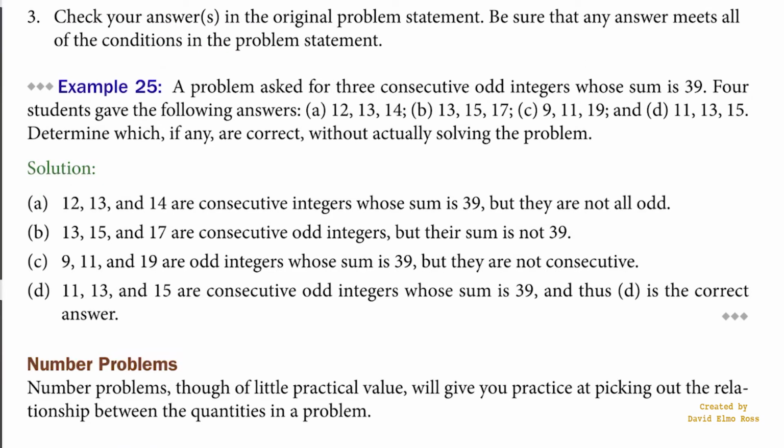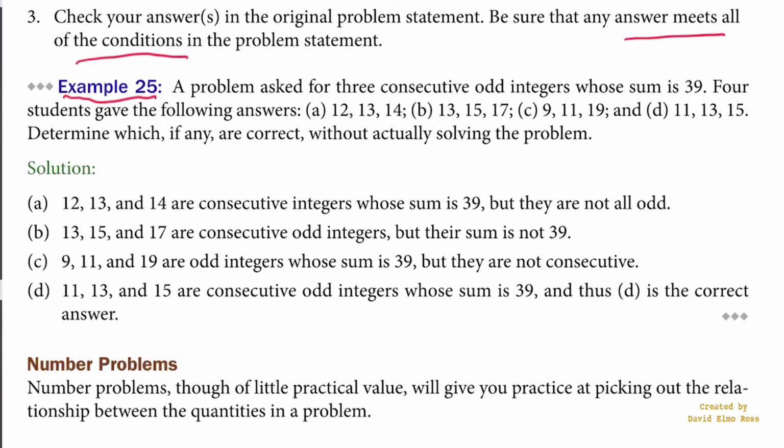Now another problem with word problems is to make sure that your answer meets all of the conditions set out in the problem. For instance, example 25 here says a problem asks for 3 consecutive odd integers whose sum is 39.